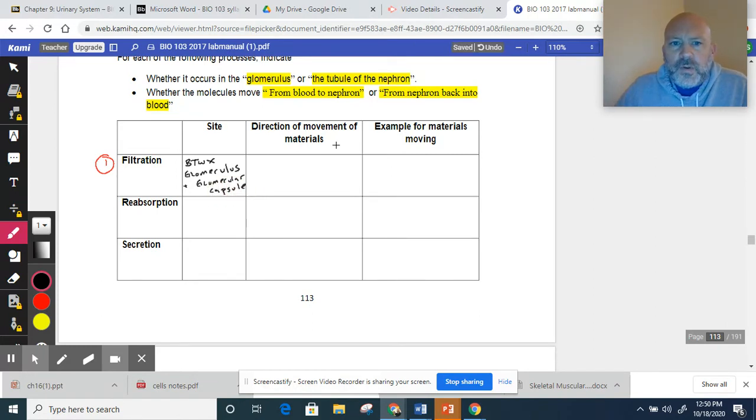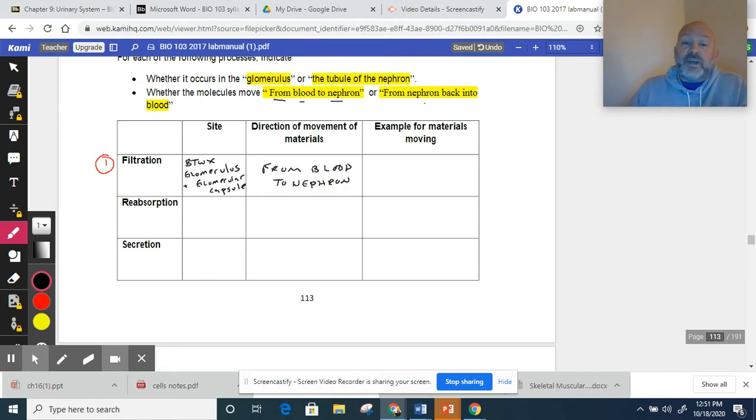So what is the direction of the movement of materials? Well, we have two choices: from the blood to the nephron, or from the nephron into the blood. So in this case with filtration, everything's taken out of the blood. So it's from the blood to the nephron.